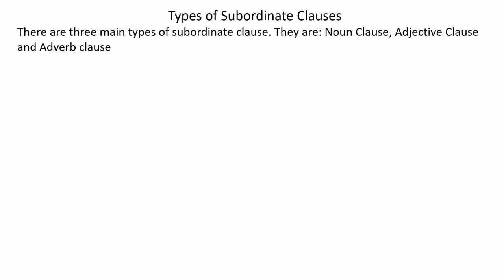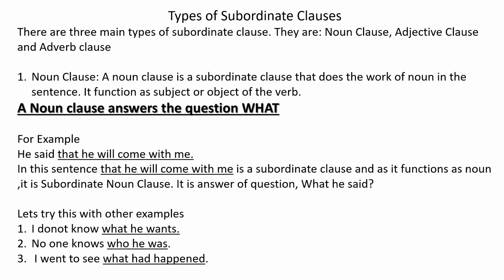Types of subordinate clauses. There are three main types of subordinate clause: noun clause, adjective clause and adverb clause. A noun clause is a subordinate clause that does the work of a noun in the sentence. It functions as the object or subject of the verb. A noun clause answers the question what. For example, he said that he will come with me.